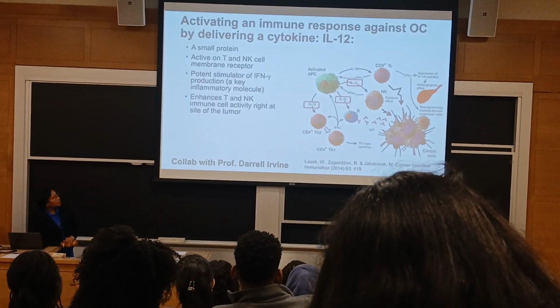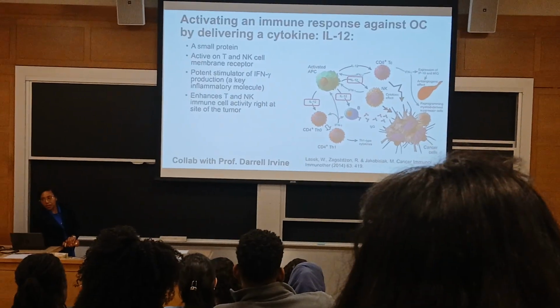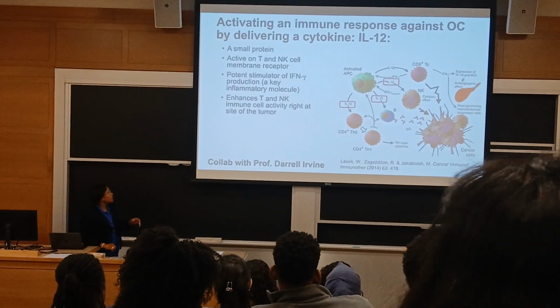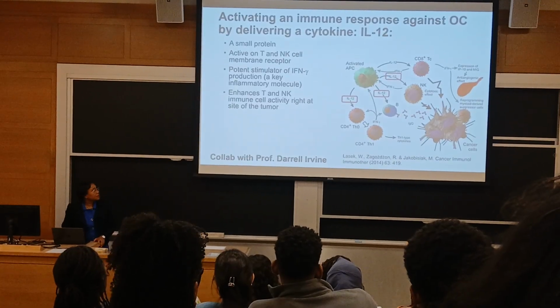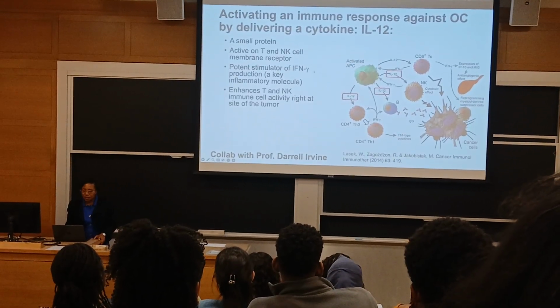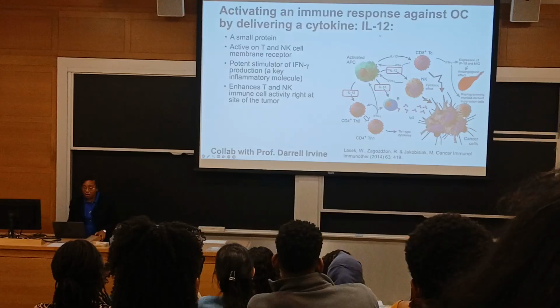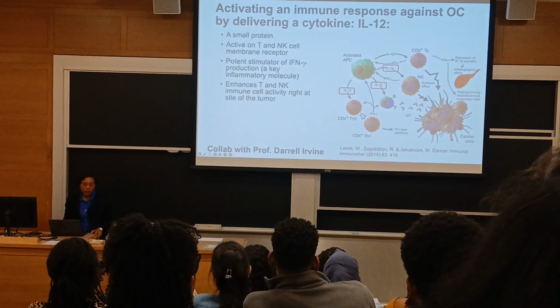The cytokines actually activate the immune response and lead to an inflammatory response that can help to address cancer. So the idea was we can take this very powerful cytokine known as IL-12.